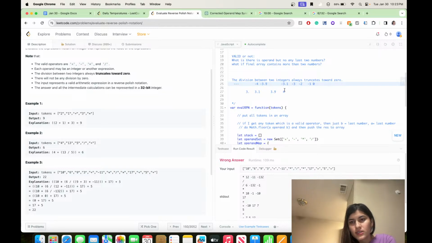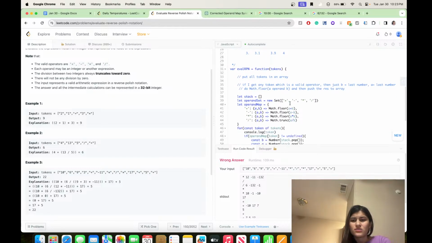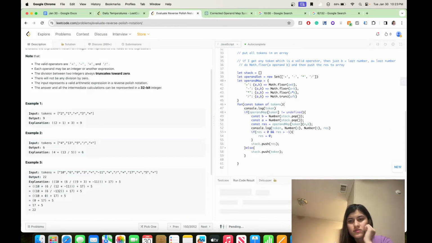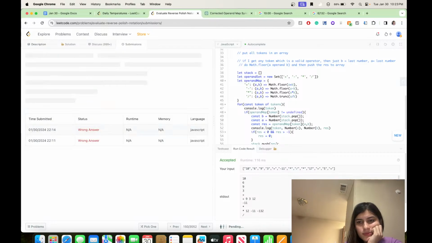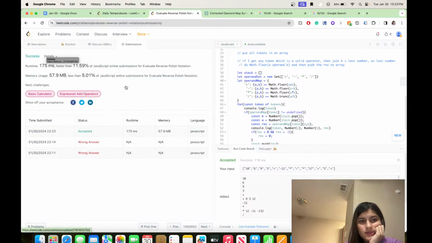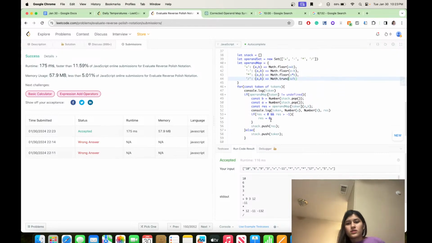So truncating towards 0 means it will just truncate the .9 and it will return minus 3. Yeah, so it should be good. Truncate should work. Okay, so that was what I was missing, this math.trunc, and this does a great job here. I don't need this.